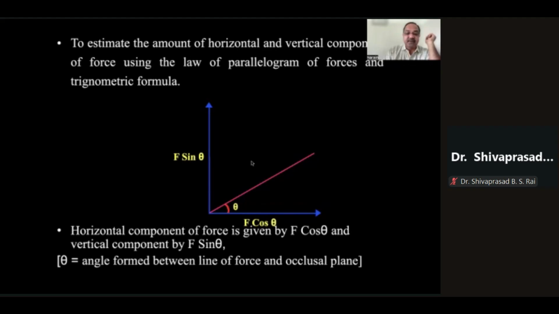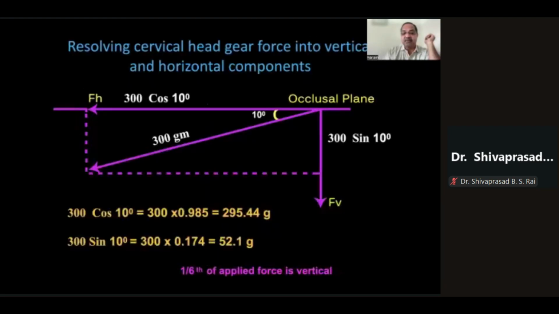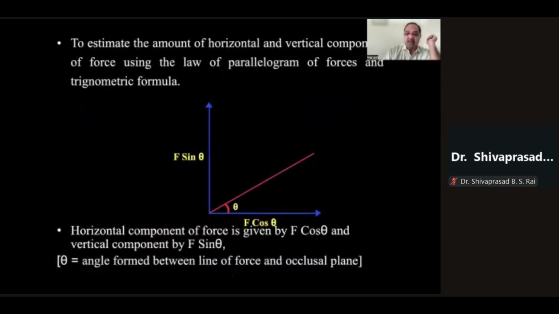If you look at this figure, this is the headgear force that you are applying, and it has a horizontal and a vertical component. You need to know how much of each there is.